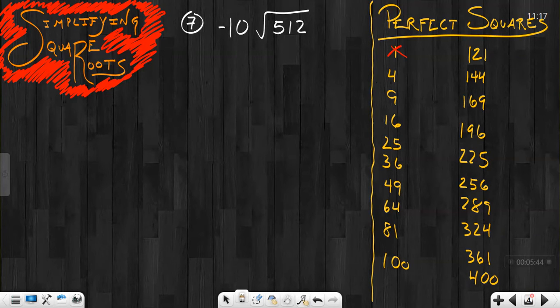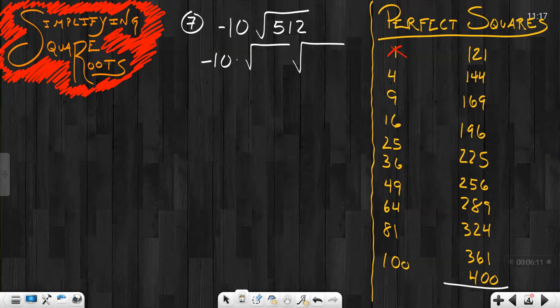What if I all of a sudden have a number out front? Well, if you have a number out front, nothing is going to change at this point. We're just going to do what we've always done. Keep that 10 right out front where it is. It's just being multiplied by our square root here, but I'm still going to break apart the square root into 2 numbers, one of which is the greatest perfect square factor. So I'm going to go to my list here, and technically you'd want to look further down the list, 448, but I'm just going to use this because I know none of those work.